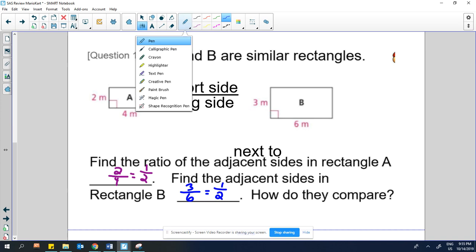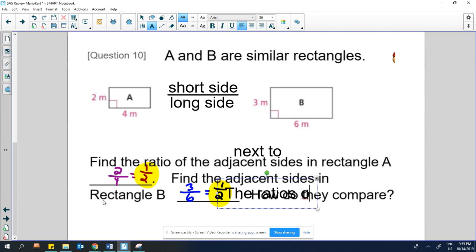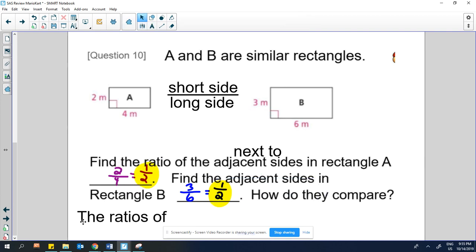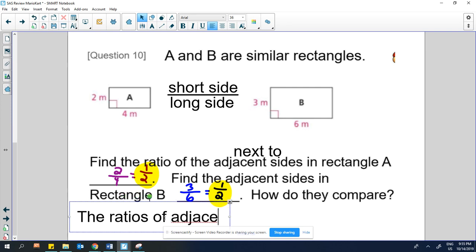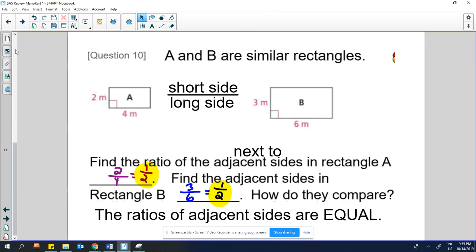What do you notice about the ratio of the adjacent sides when rectangles are similar? When rectangles are similar, the ratios of adjacent sides are equal. Okay, because the rectangles are similar.